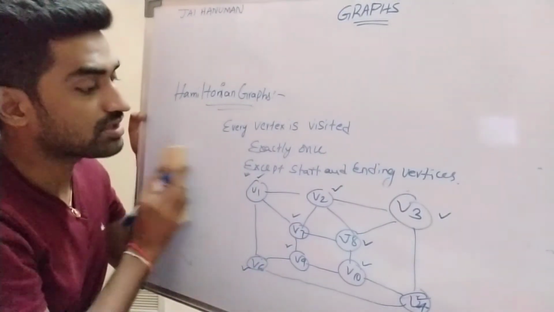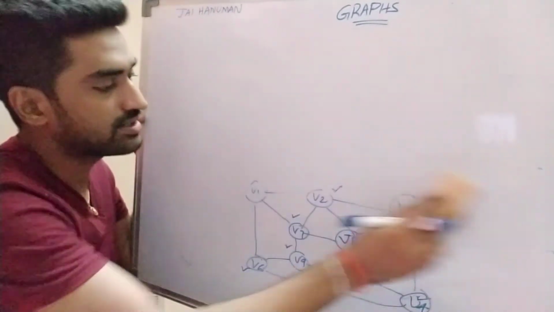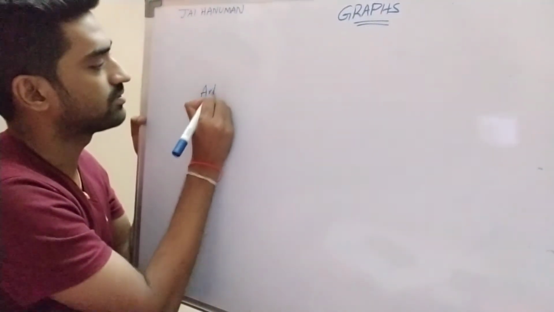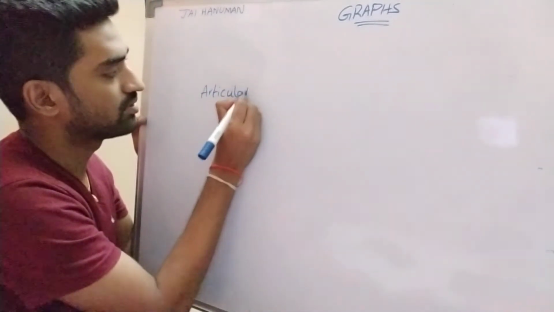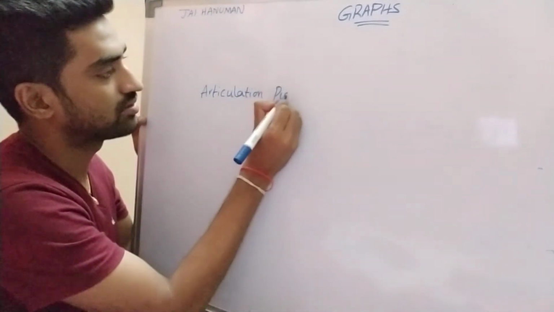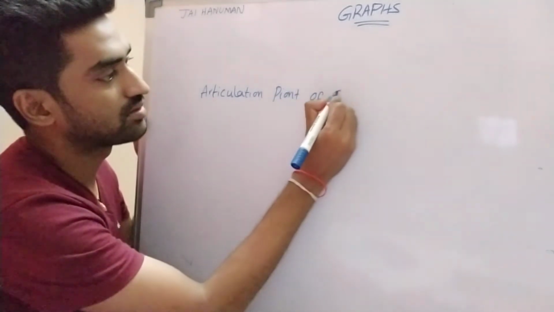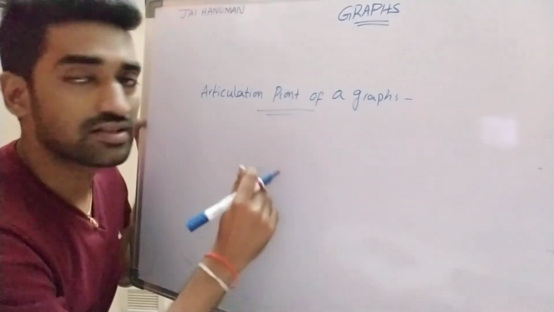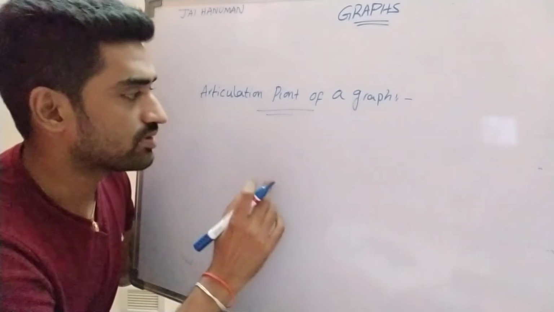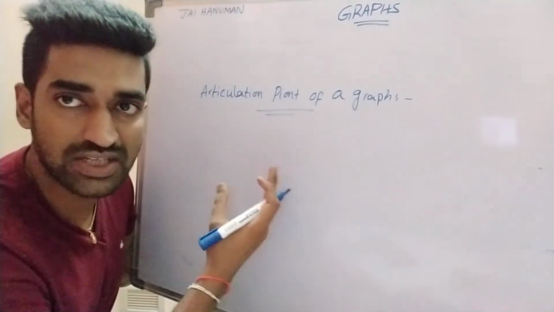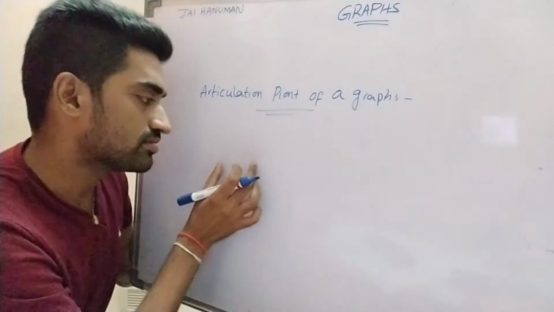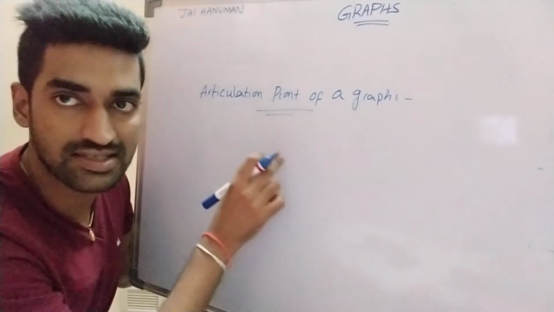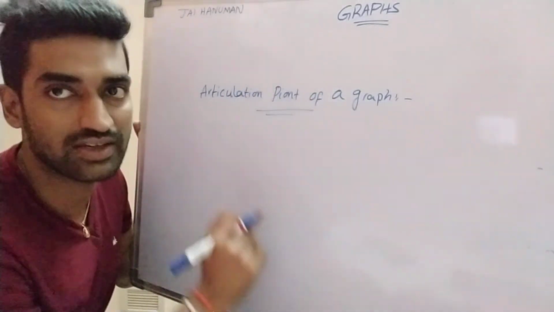Then we are discussing the articulation point of a graph. In any graph, if deleting a vertex forms two or more graph components, then those vertices are said to be articulation points of the given graph.